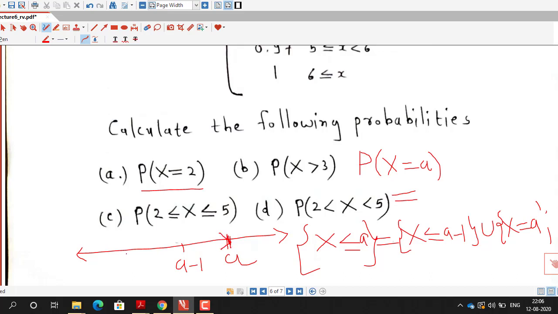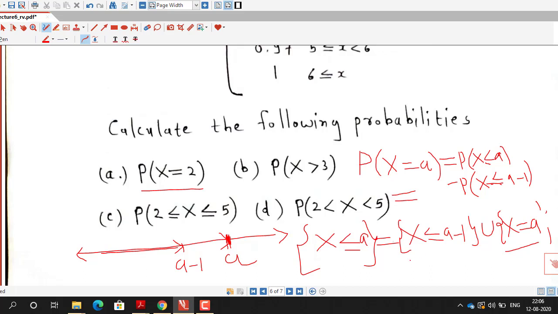Okay, we are going up to x less than or equal to a. So we first write down the event x less than or equal to a minus 1, and there is no value in between because capital X is a discrete random variable. So another event is x equal to a. So the probability of x equal to a is nothing but the probability of x less than or equal to a minus the probability that capital X is less than or equal to a minus 1.